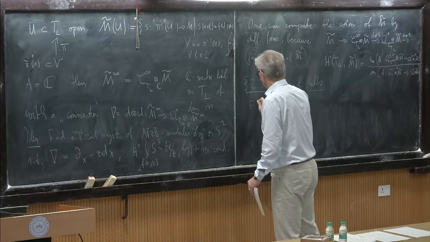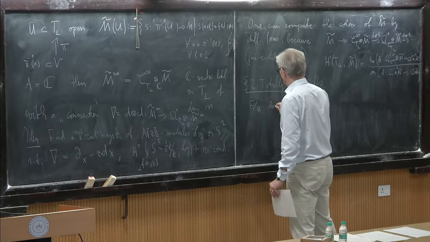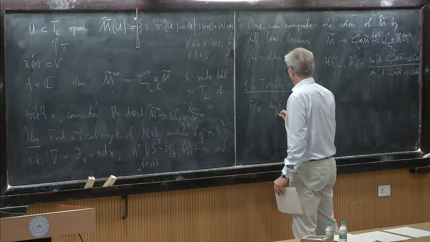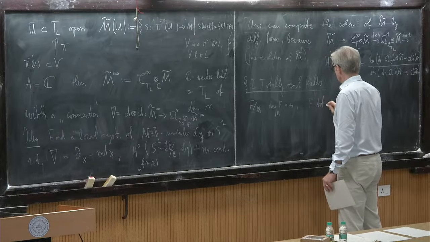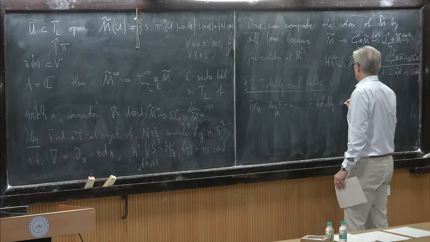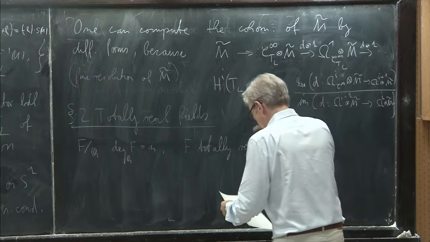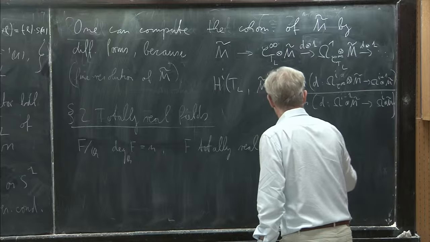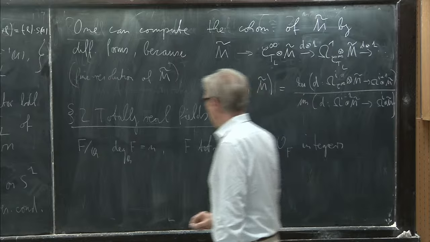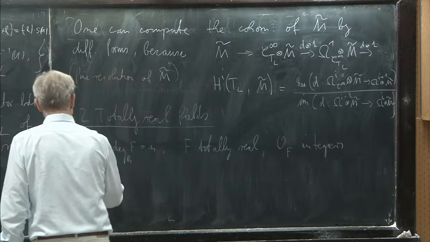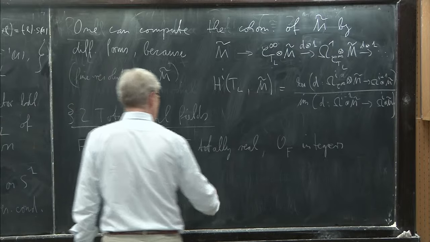What do we do? So we consider a finite field extension F over Q of degree n, and F should be a totally real field. All embeddings are real, and then we let O_F be the integers of that field. And we fix two ideals, f and b, in this ring.